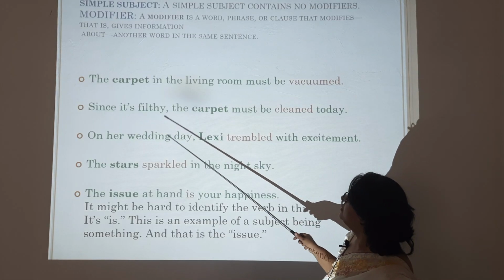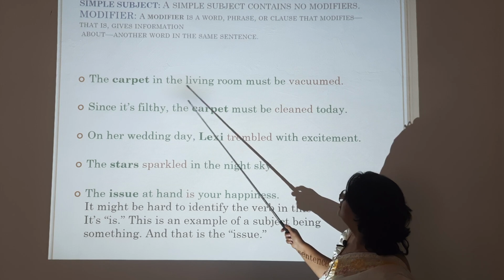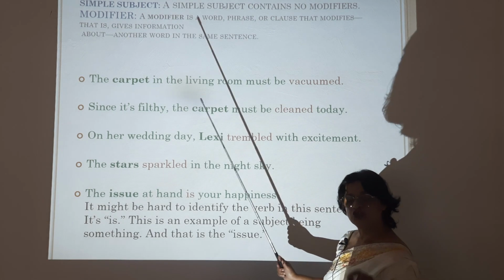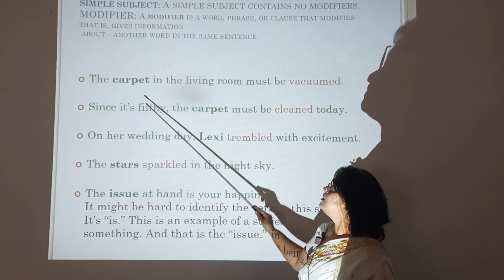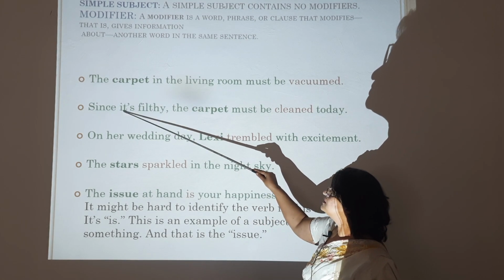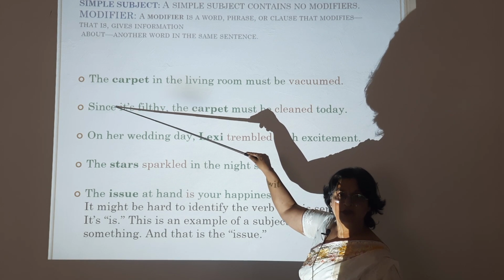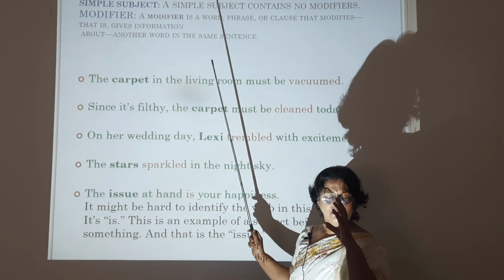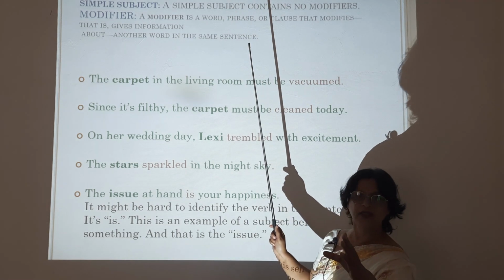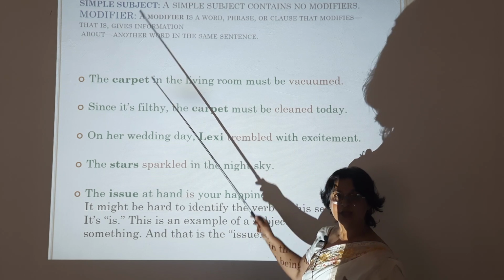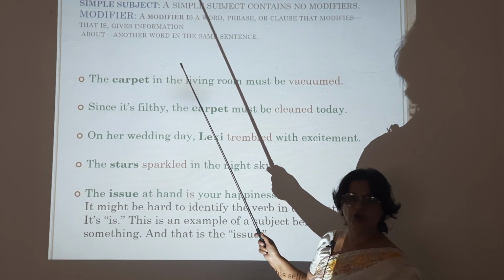For example, since it's filthy, the carpet must be cleaned today. Most students, thinking that this is the beginning of the sentence, tend to write this as a subject, which is absolutely wrong. The shortcut method of just finding a subject is wrong. Thinking that only the beginning words in a sentence are a subject is not true.